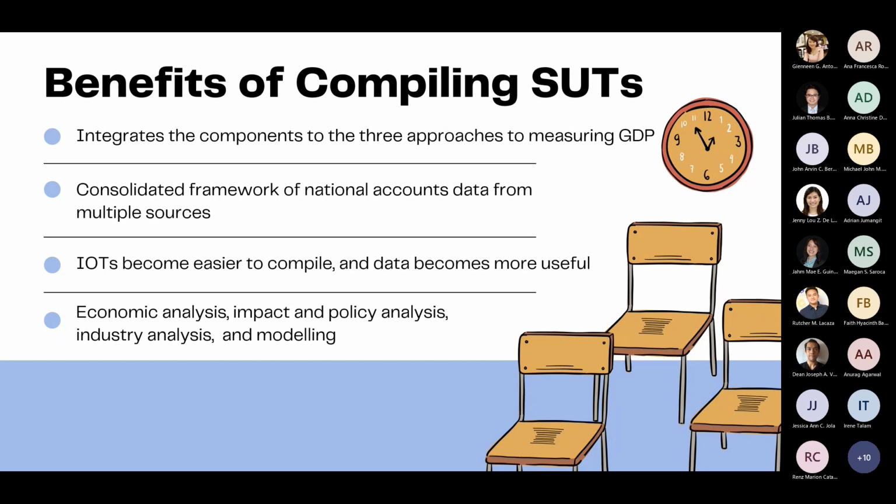Another example is that suppose it is observed that agricultural goods have smaller supply relative to use when we put the supply and the use together side by side. So this could inform the NSO that perhaps data collection on the output can be improved or even on the use can be improved. Or perhaps a portion of your agricultural output, for example, a portion that's for own account consumption, has not been included in the SUT.